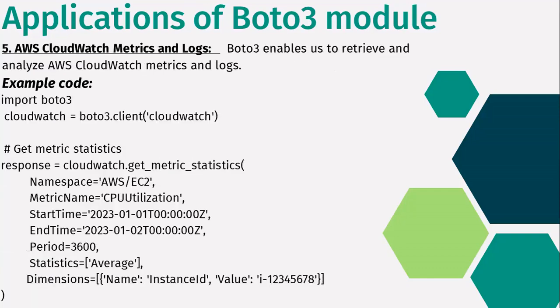This is the last application, AWS CloudWatch metrics and logs. Now, what is AWS CloudWatch? AWS CloudWatch is a monitoring service that allows you to collect and track metrics, collect and monitor log files, and set alarms.